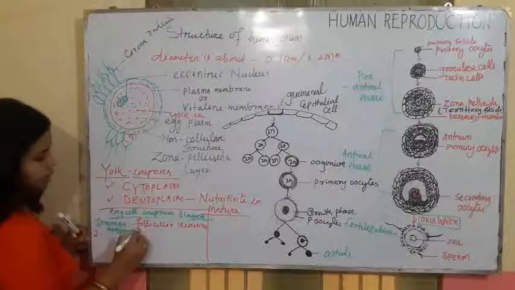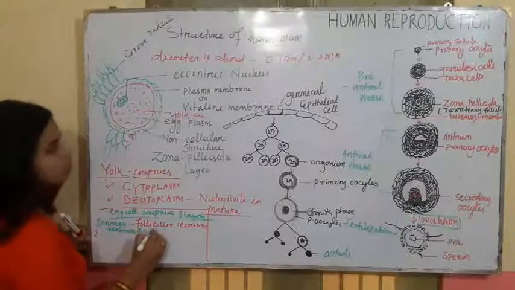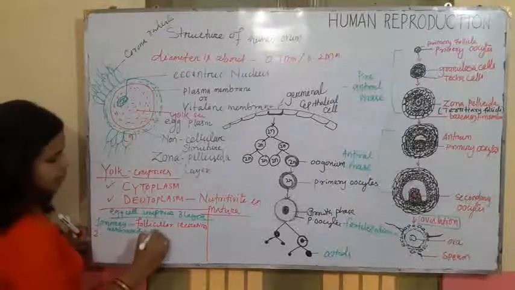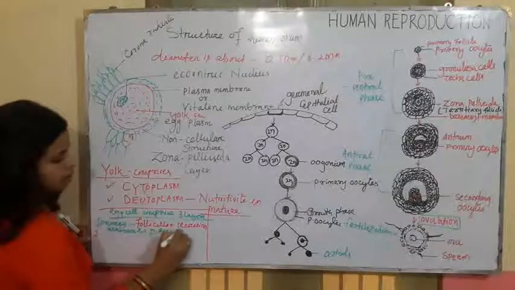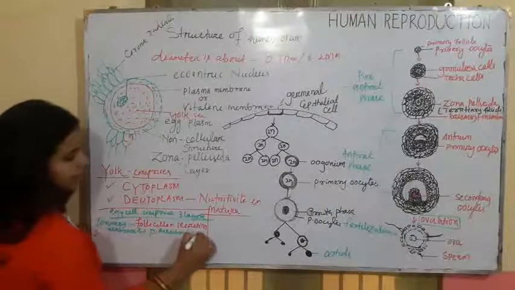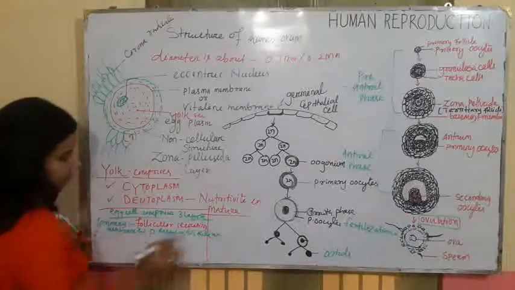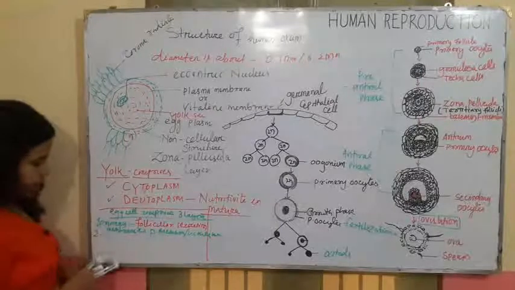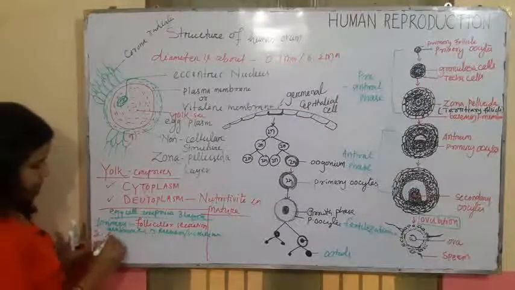For example, your primary membrane is the plasma membrane, or you can say the vitelline membrane. And the next one is our secondary membrane.